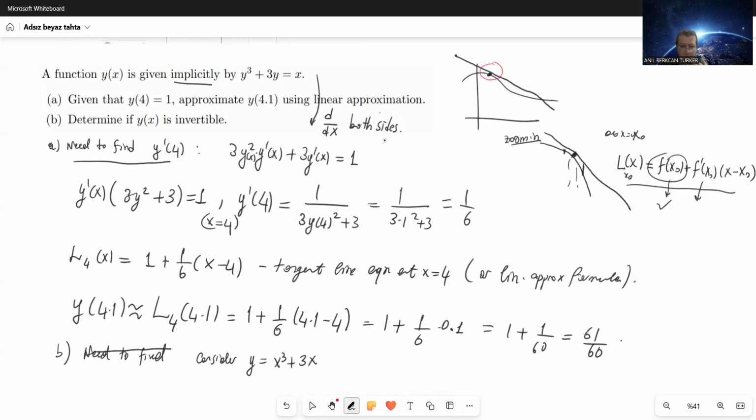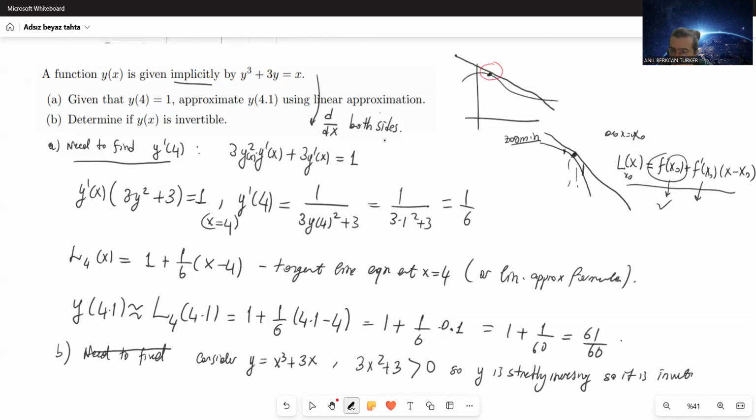Let me calculate the derivative: 3x squared plus 3. So it is always strictly positive, which means that it is strictly increasing. So it is invertible.